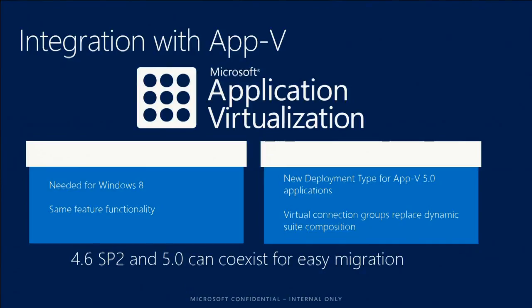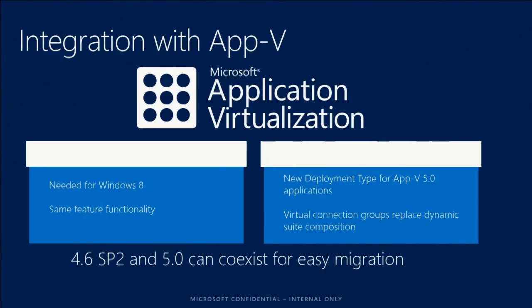And the cool technology there is if you're already running App-V 4.6 Service Pack 2, you can then install App-V 5 on that same computer and have both versions of the virtual technology co-located on the client at the same time. So you can still deploy your old App-V 4.6 apps as well as the new App-V 5 apps.